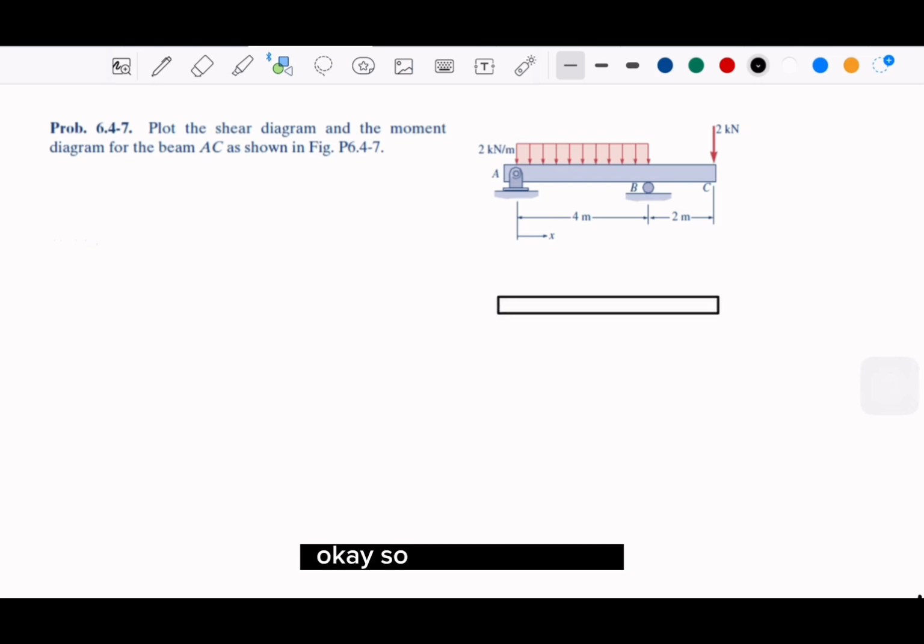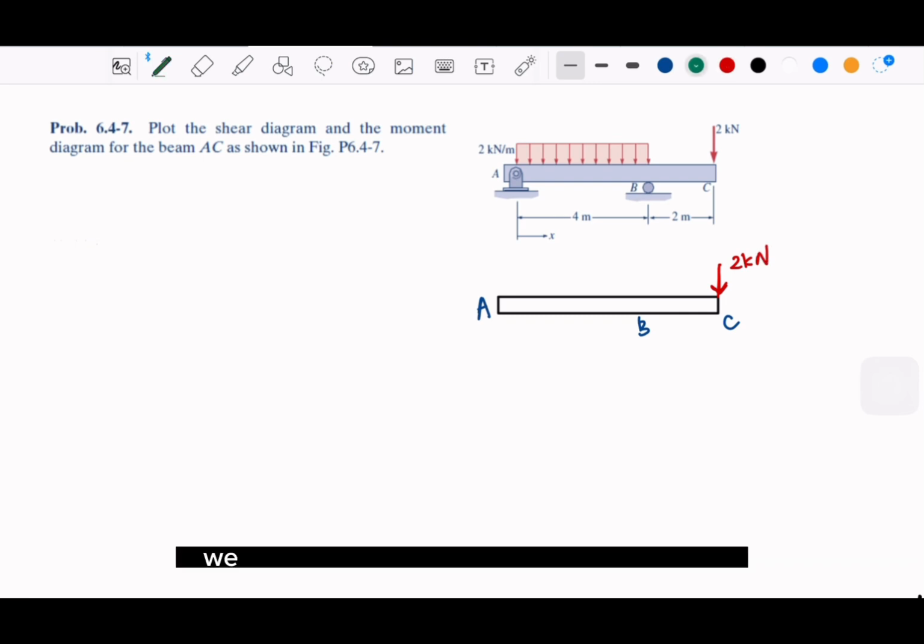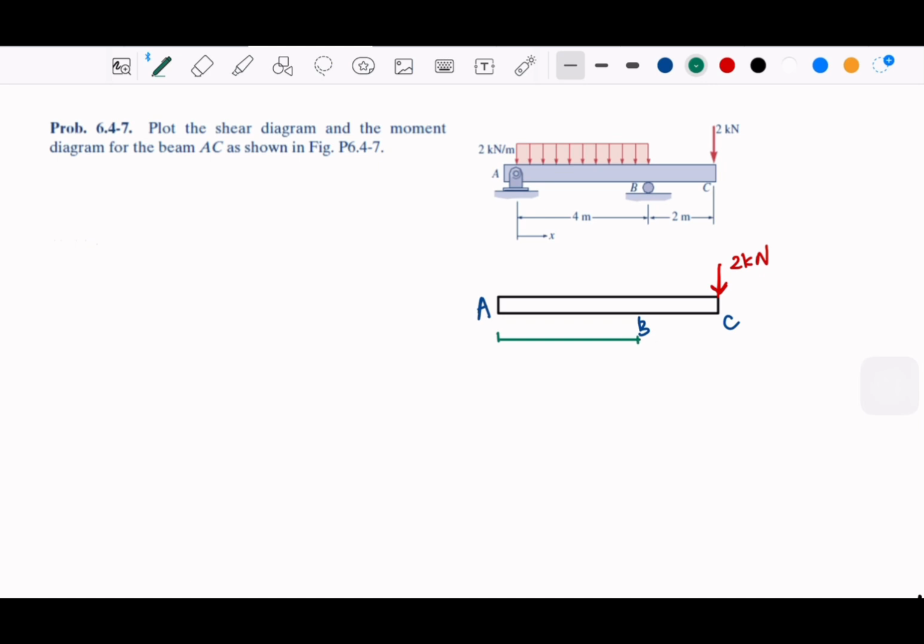So let's say this is A, and then B, and then C. We have a load at C equal to 2 kilonewton. We have a distance between A and B, which is 4 meter, and BC is 2 meter.